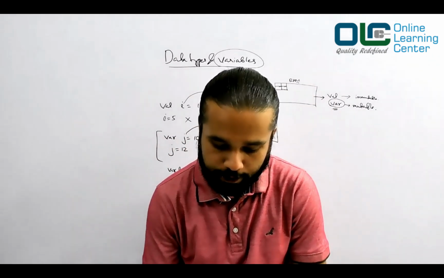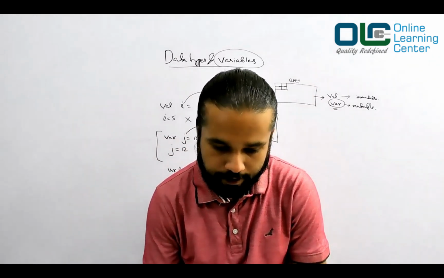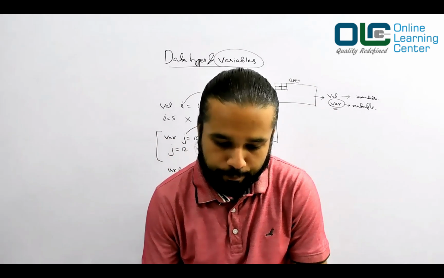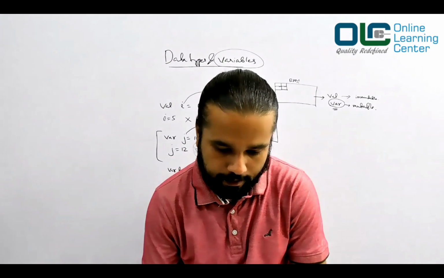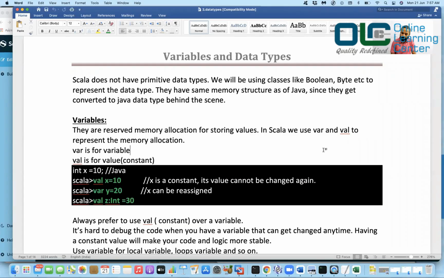I'll just go through my notes, because the notes cover a lot of things and I really don't want to miss anything out of it. So we'll look into the notes and get started. Scala does not have a primitive data type. We will be using classes like Boolean, Byte, etc. to represent the data type. We'll talk more about it.